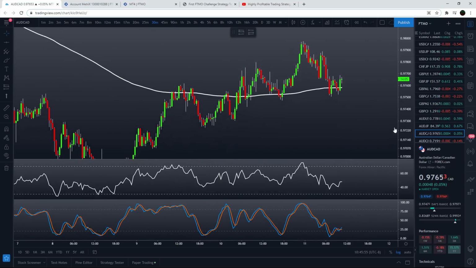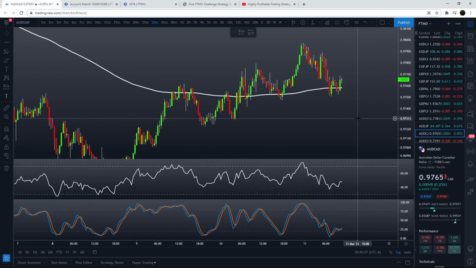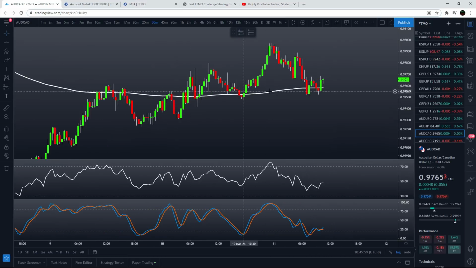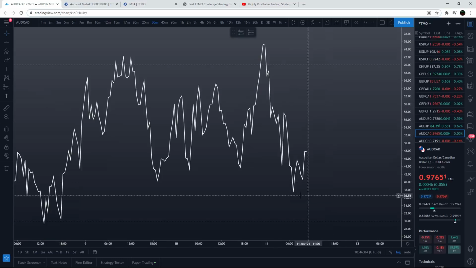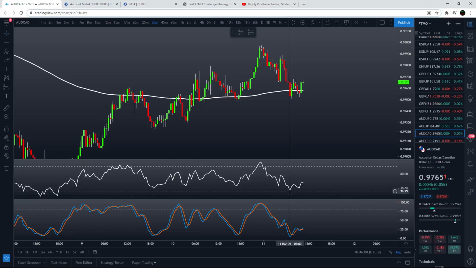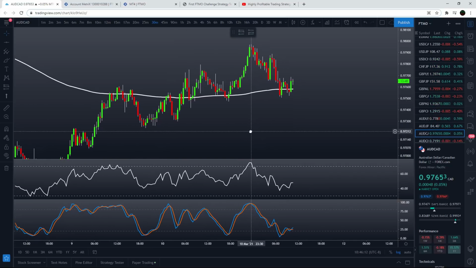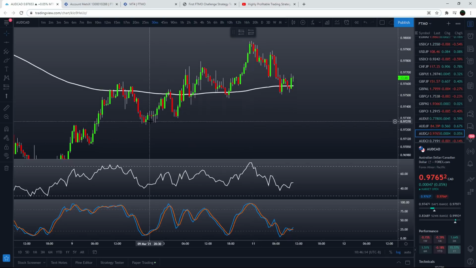So, this one looks like a decent long opportunity above the 200 on the 30. And we got that hidden divergence. See, this is the lowest peak on the RSI if we compare it to any of these pullbacks. But the one that I'm looking at is this one over here.